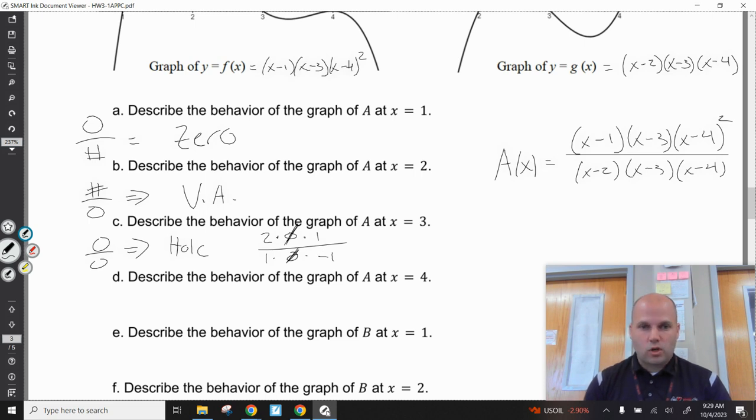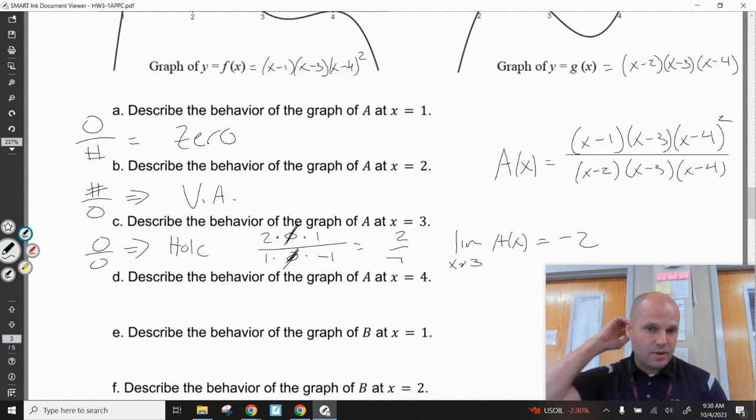If these numbers were close to 0, we could cancel them. They'd go away. I end up with 2 over negative 1. I find that as x approaches 3, my function A of x approaches negative 2. This is my hole's location, 3 comma negative 2.